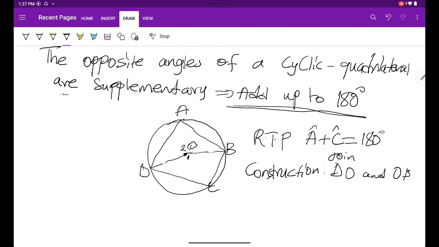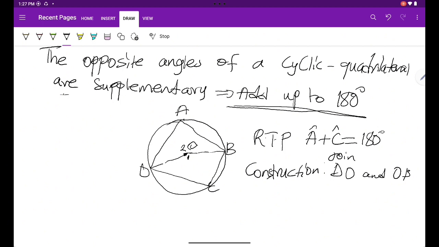Right, we should notice that here, because we are proving A plus C to be 180, we are joining DO and OB. If we were proving that D plus B is 180, then we will join AO and OC. So we need to notice that.